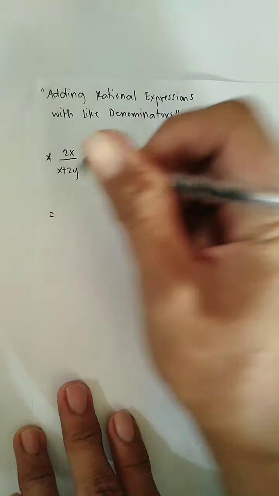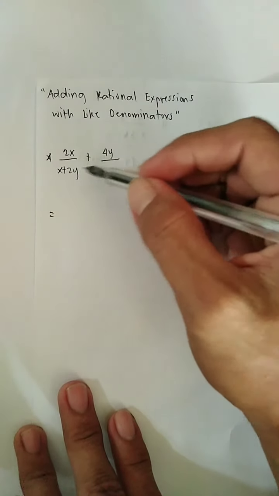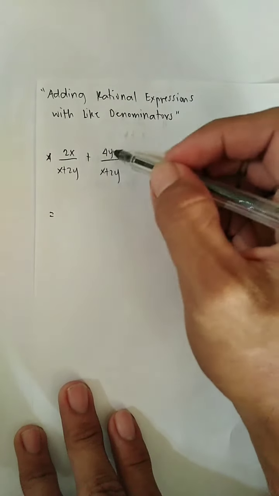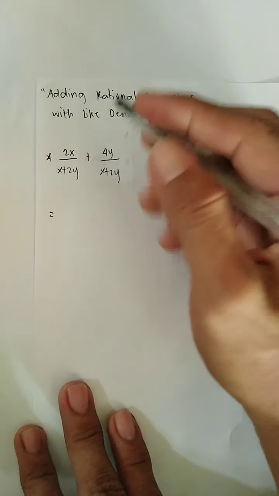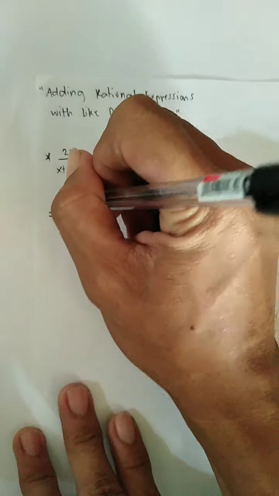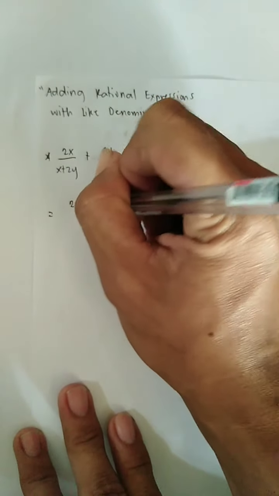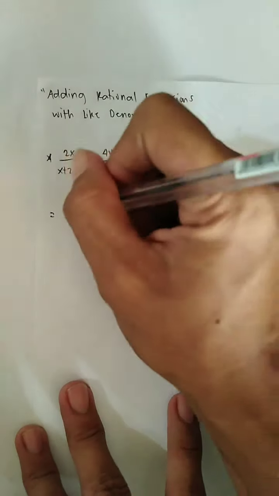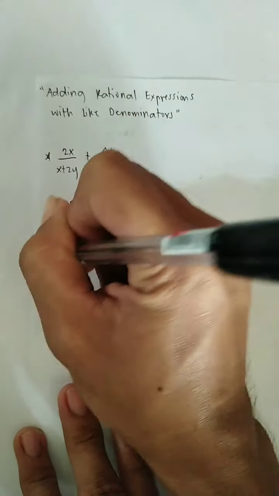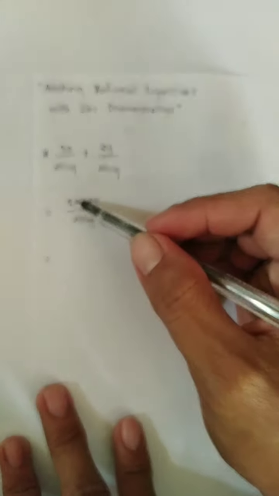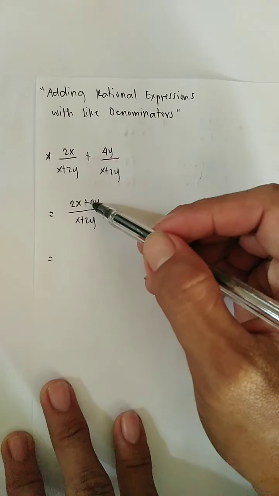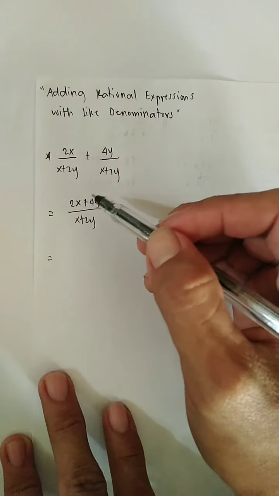So for example, this one, 2x. Since they have the same denominator, just add the numerators directly and copy the denominator. So 2x plus 4y becomes 2x plus 4y over x plus 2y. As you can observe, the numerator has a common factor, so let us factor out 2.